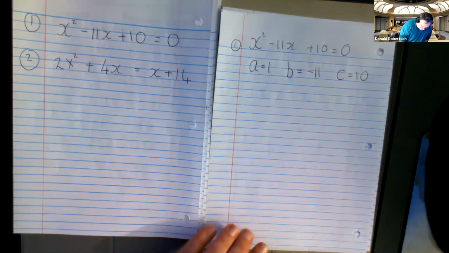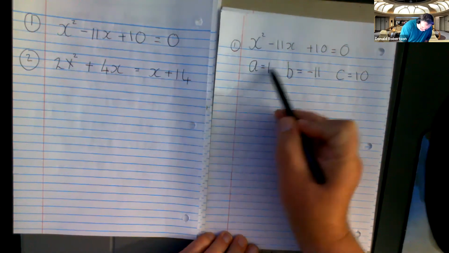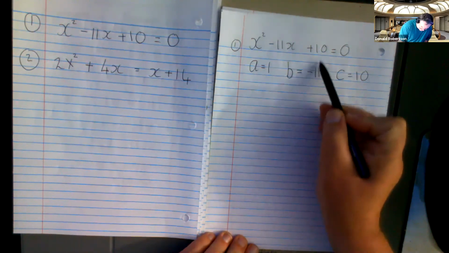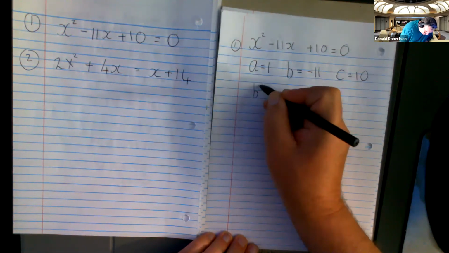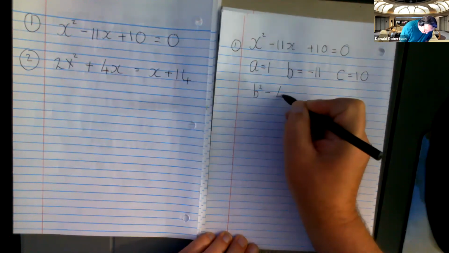Okay, let's go for it. I think the first one should have gone pretty smoothly. At least I hope it did. I was planning it to do so, and you should have got really nice answers if you did it right. So a is 1, b is -11, c is 10. We'll find the discriminant part of the formula, which is this part.